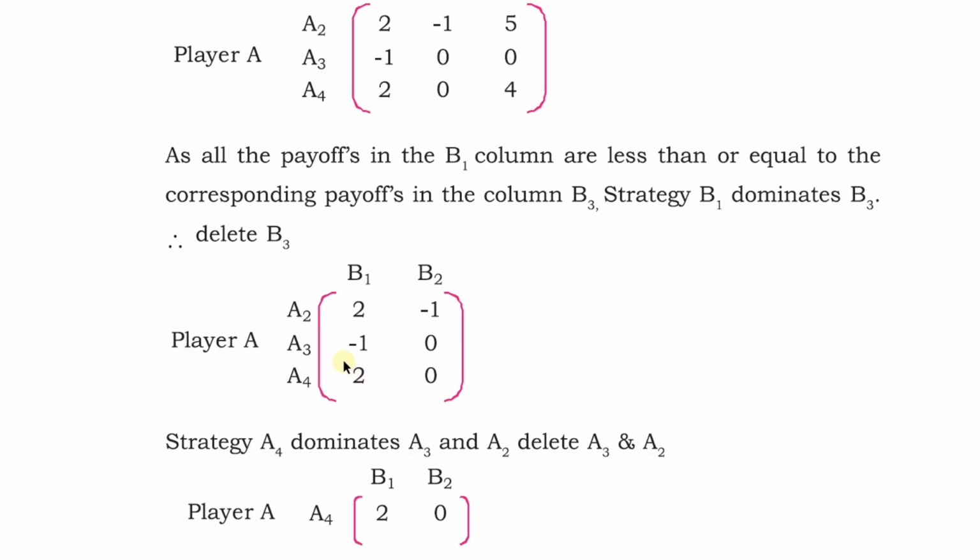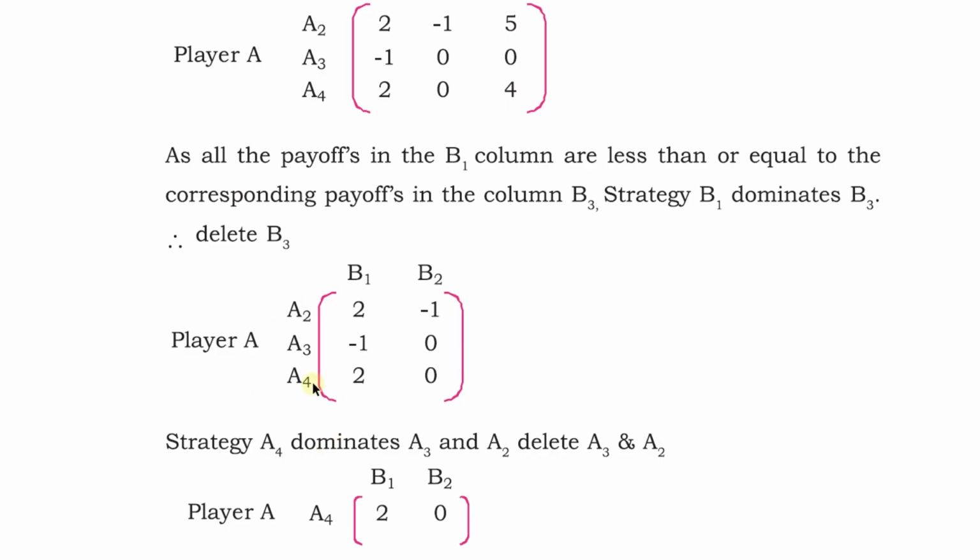So 2 is greater than minus 1. Remember, you are solving row wise here. In row wise, the greater one dominates the lesser one, and in column wise, the lesser one dominates the greater one. So 2 is greater than minus 1, 0 is equal to 0, therefore a4 dominates a3.